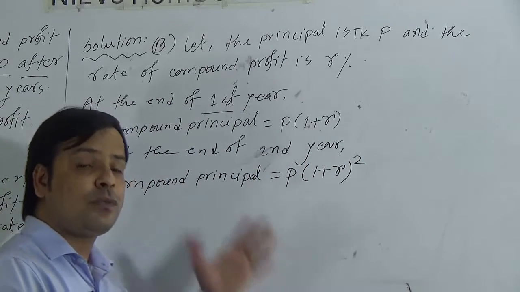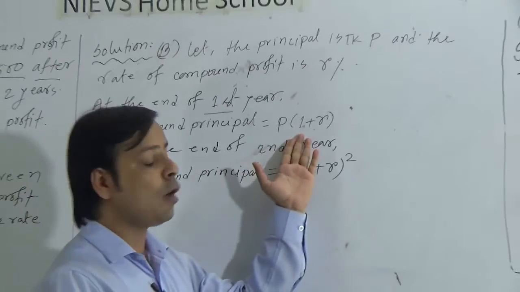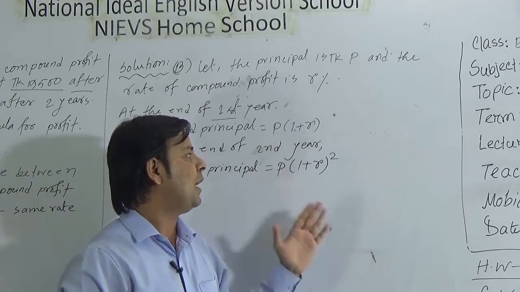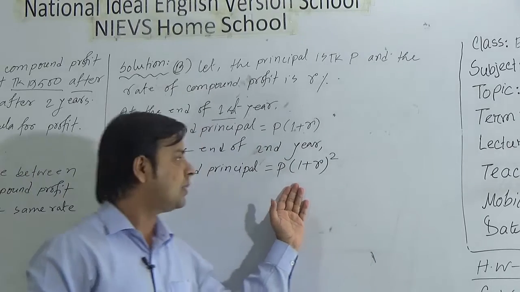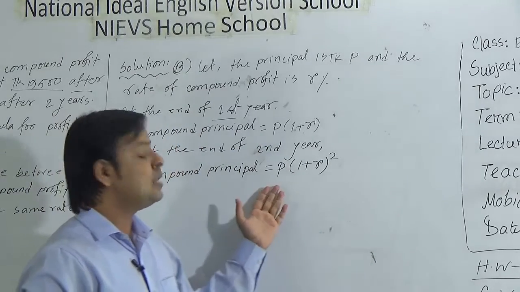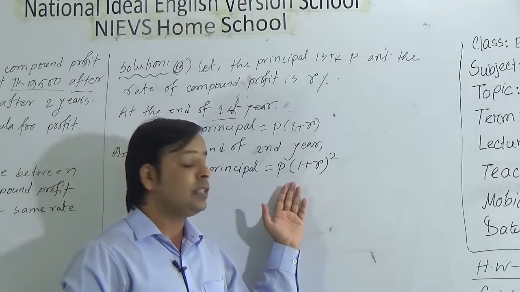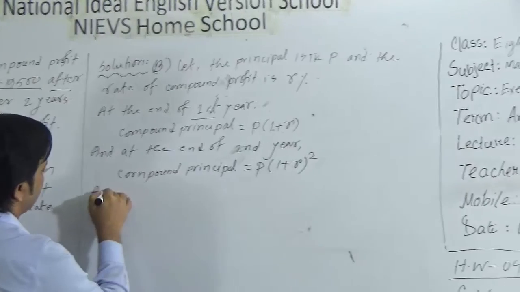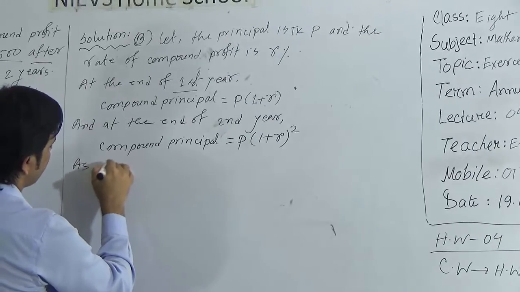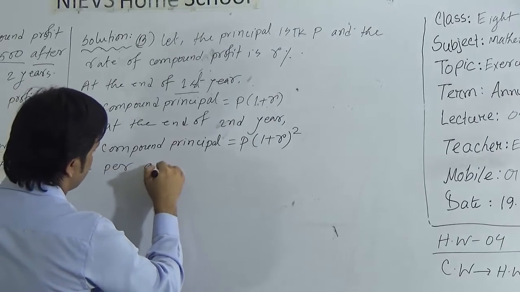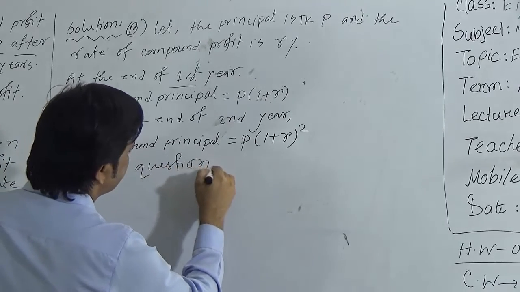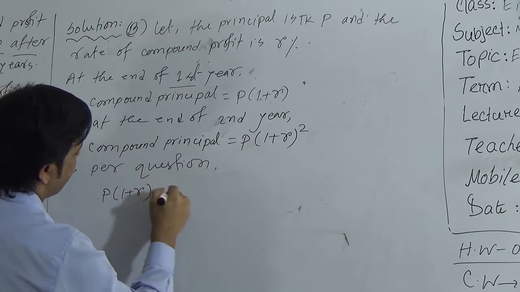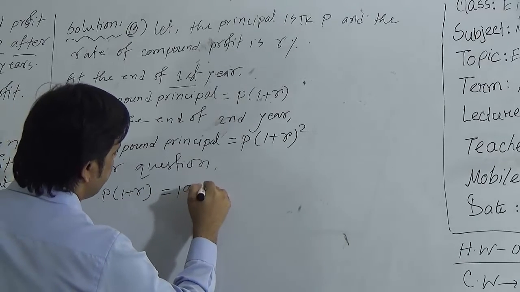Okay, dear students, so from the statement we can say this compound principal will be equal to taka 19,500, and this compound principal after the second year will be equal to taka 20,280. So we can write here, as per question, or according to the condition, P into 1 plus R equal to 19,500.